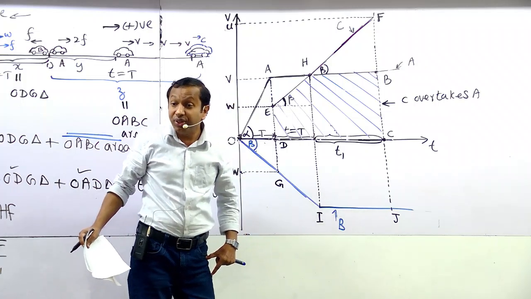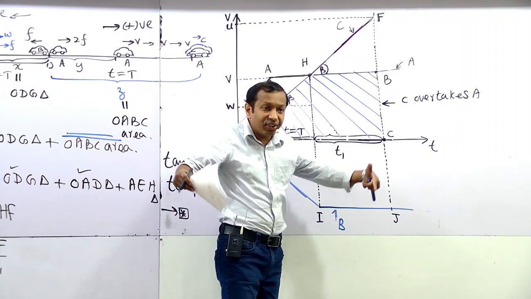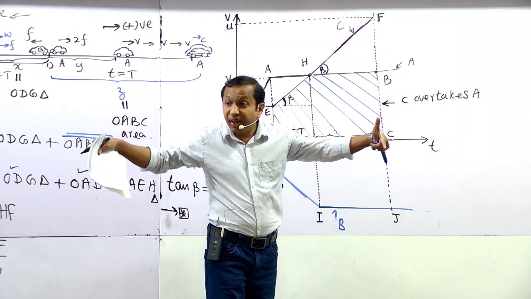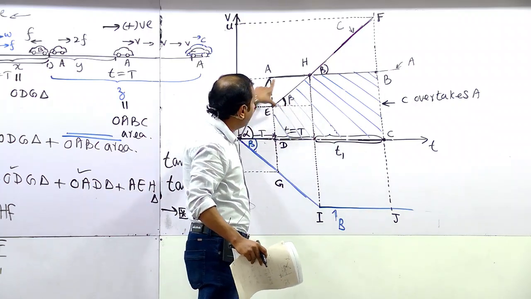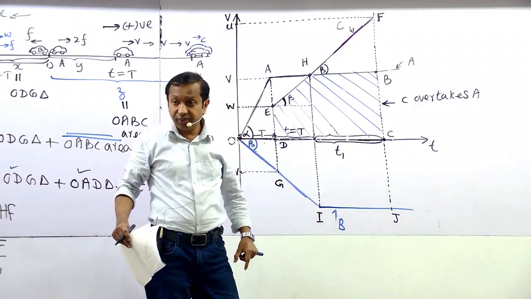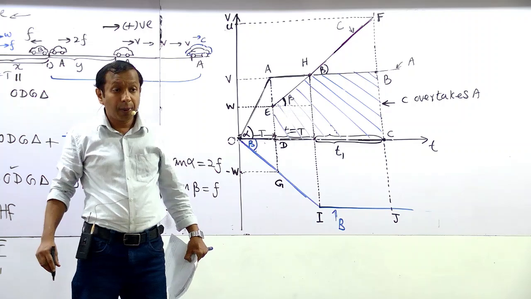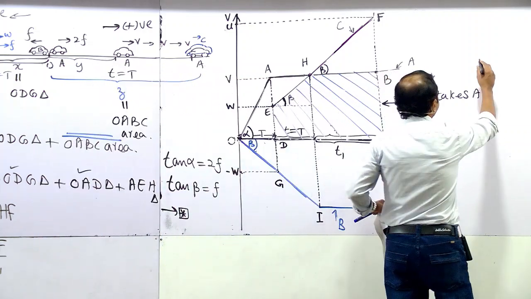The distance A moved is given by the OABC area. Therefore, the distance between B and A is this OABC area plus the OIJC area. Understand? Yes or no? Yes. Then we can write number 5.